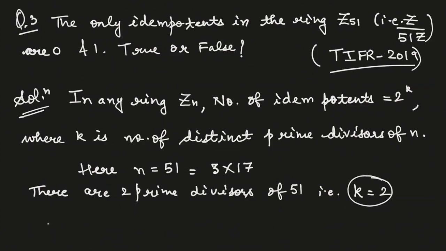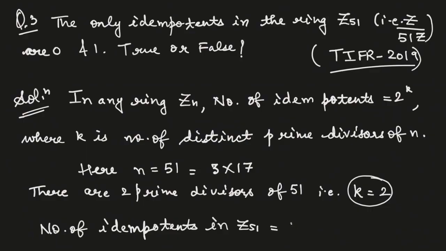So the number of idempotents in Z51 is equal to 2 to the power 2, which is 4. So the answer is false.